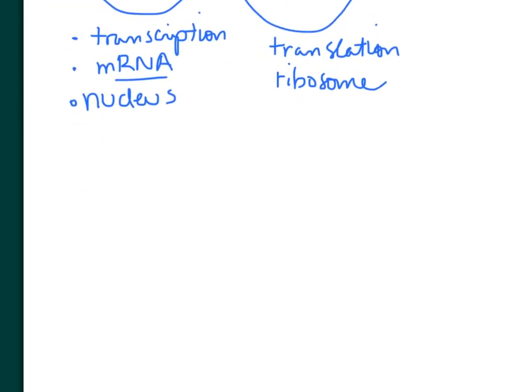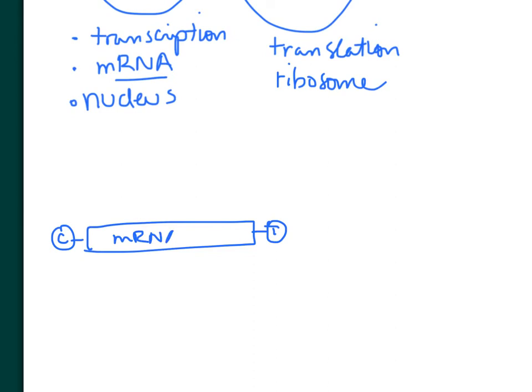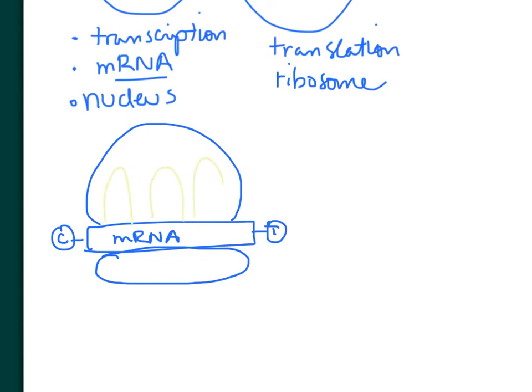Once we've moved to our ribosome, we have our cap and our tail on an mRNA molecule. Initiation happens when a small ribosomal subunit and a large ribosomal subunit come together. And remember, on our ribosome we have 3 spots.